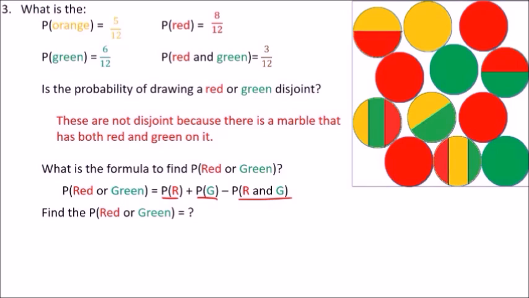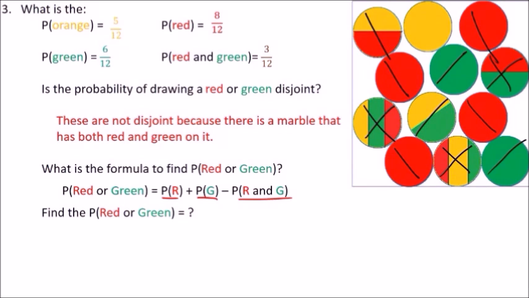This is why I have to subtract that off. The probability of red up here is 8 out of 12 because there are 8 of these that have red in them. There's this one here, this one here, this one, here, here, and here. So when I do the probability of red, I'm throwing in all of those. If I do the probability of green, now I'm throwing in this one, this one, this one, this one, this one, and this one.